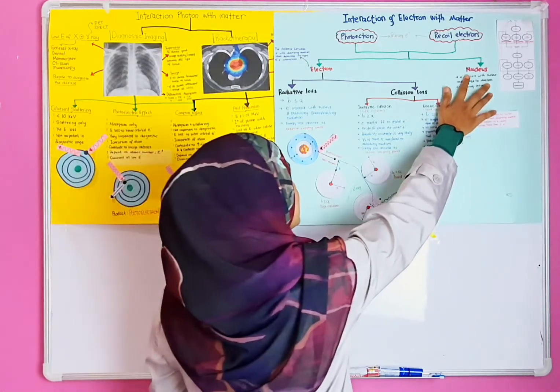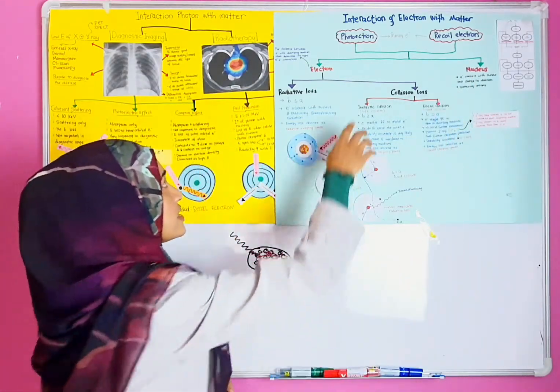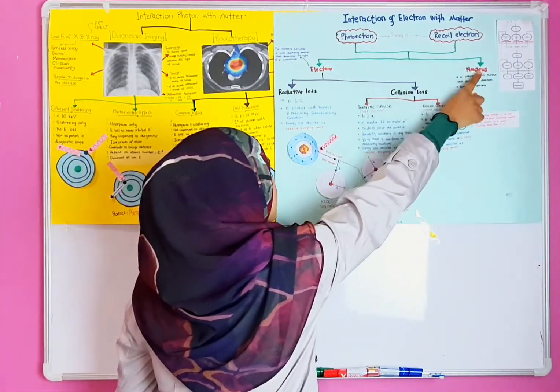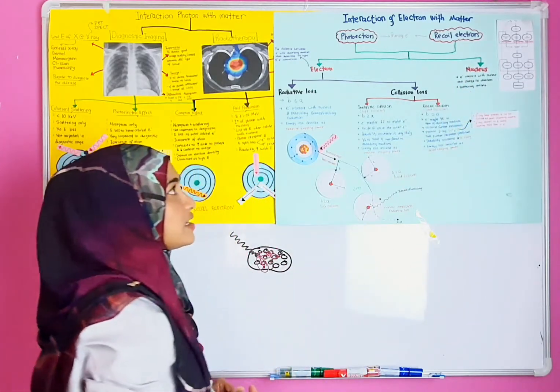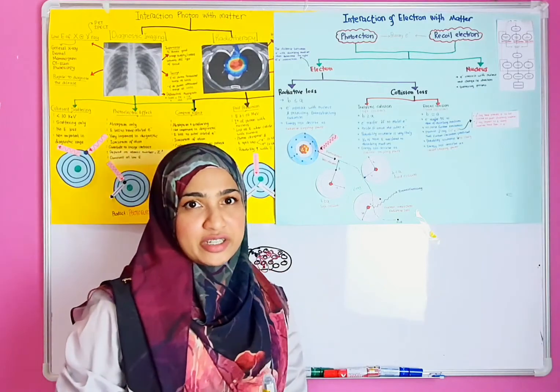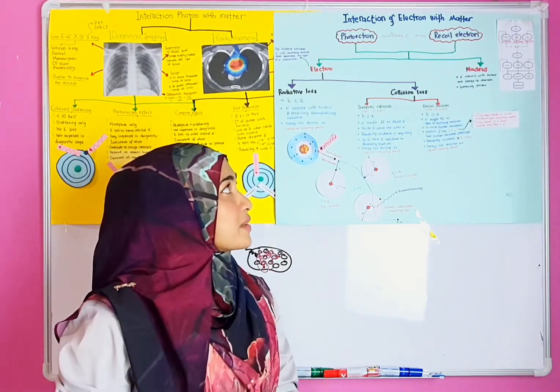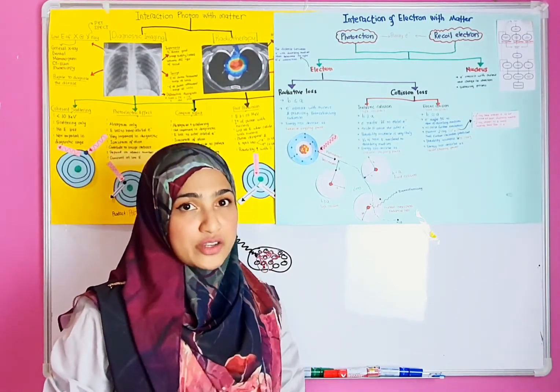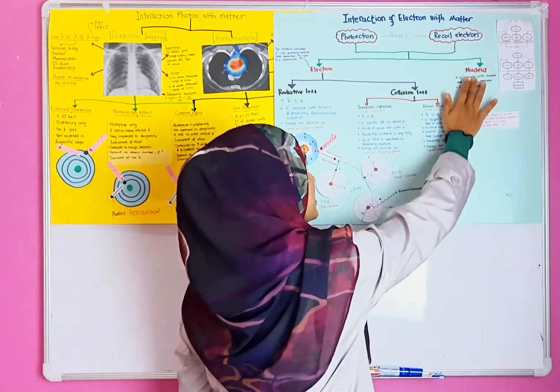And for the nucleus, the primary electron interacts with the nucleus and just changes direction without any loss of energy. It's just a scattering process, which is not of much importance.